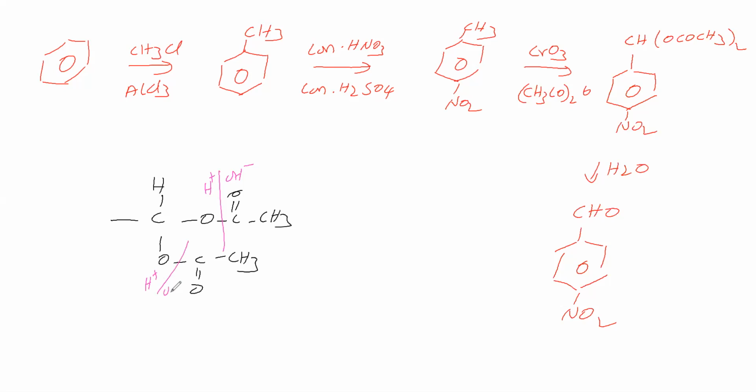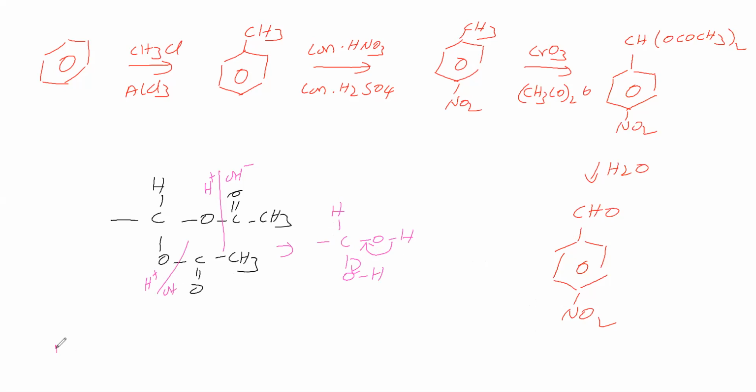What remains is two OH groups on the same carbon, so a water molecule leaves and we get an aldehyde. So we converted benzene into 4-nitrobenzaldehyde. Next, benzene into para-bromo-nitrobenzene, that we will see.